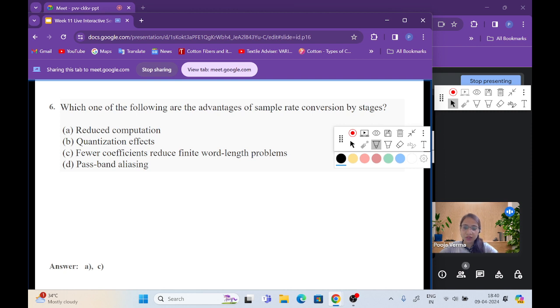It also reduces the number of coefficients in any filter if we solve any problem by sample rate conversion in different stages, or if we divide the decimation factor into stages, so it will reduce the computation, and it will also use fewer coefficients. So the correct options are option A and C for this question.